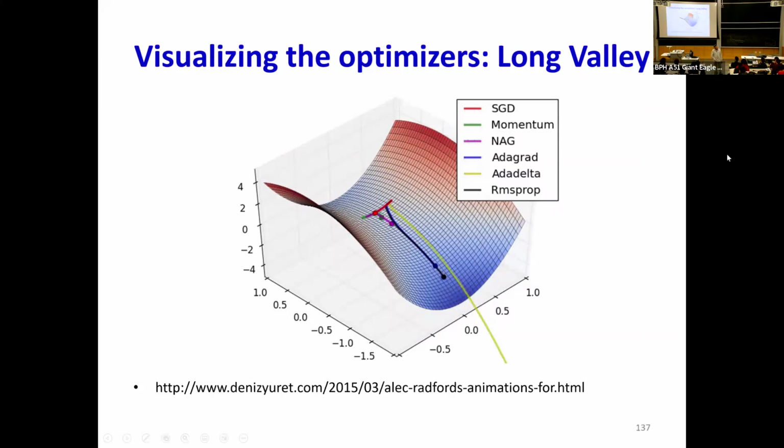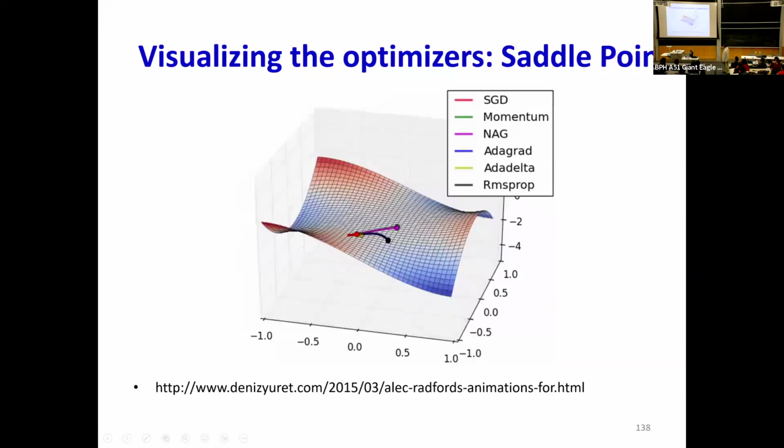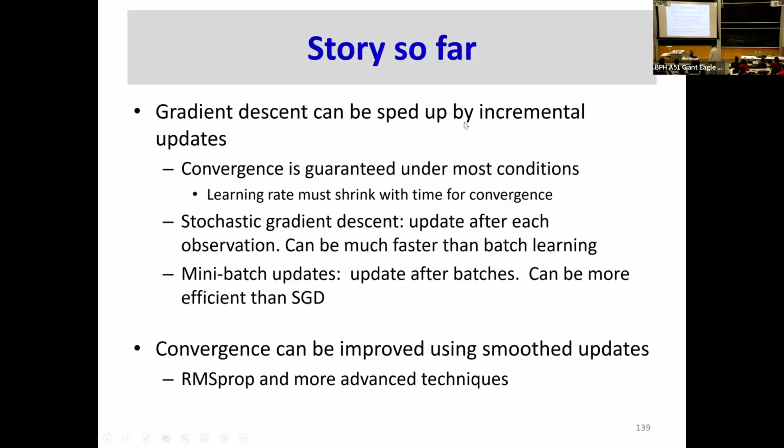In general, both Adam and Nesterov's accelerated gradient will find an optimum pretty quickly. You can go through the visualizations, there are a couple of others. Anyway, convergence can be improved, we saw, using smoothed updates, RMSprop, and more advanced techniques, to add to the lessons we've seen so far.